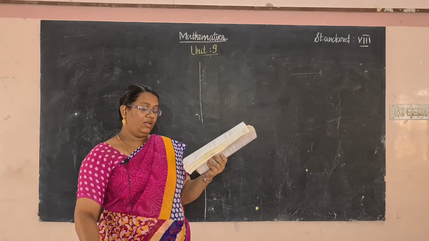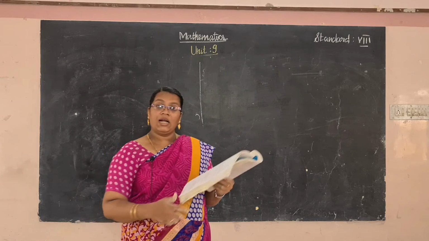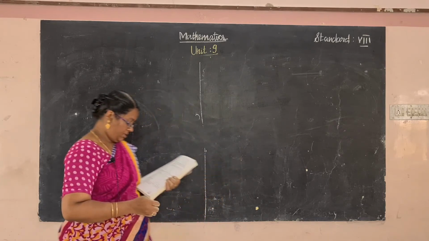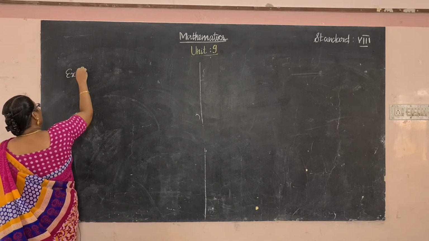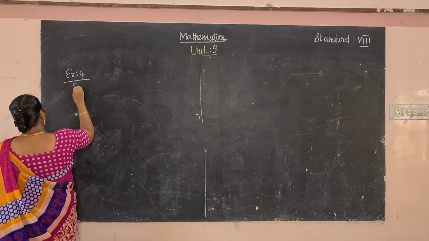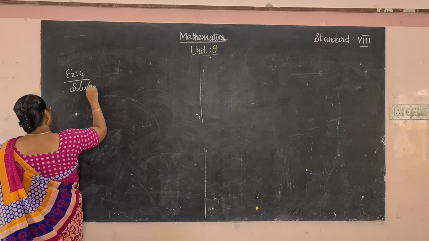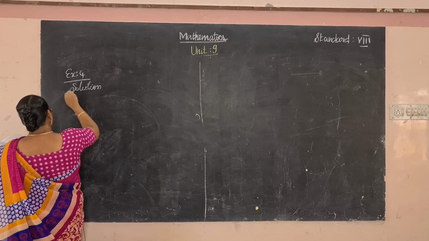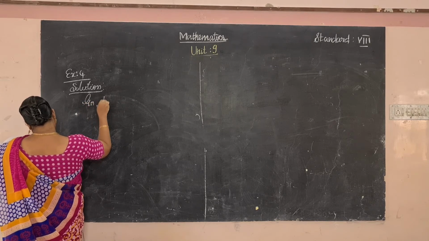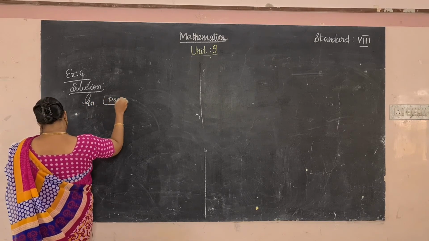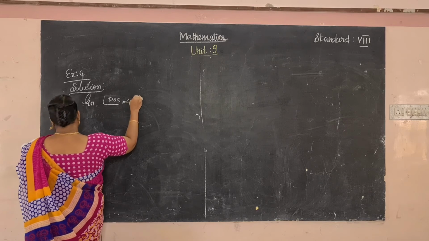One angle is given. We have to find out the other two angles. First, example 4. So given angle POS is equal to 40 degrees.